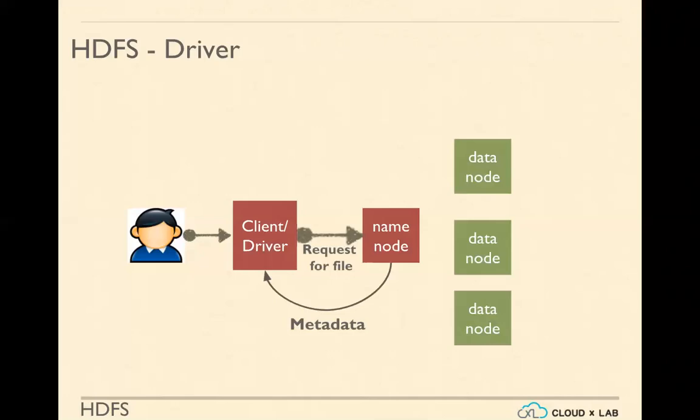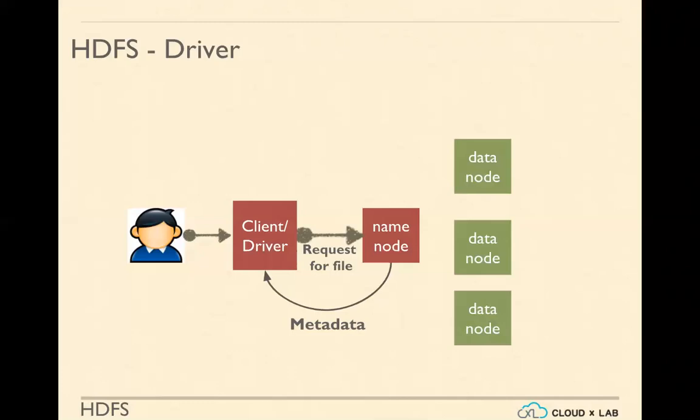Name node does not give back the file, please note. Name node gives back only the metadata. What is metadata? The name of the file, the size of the file, the permissions of the file, the number of data blocks, the data block IDs, and which machines they are on. That's metadata. That's not actual data.